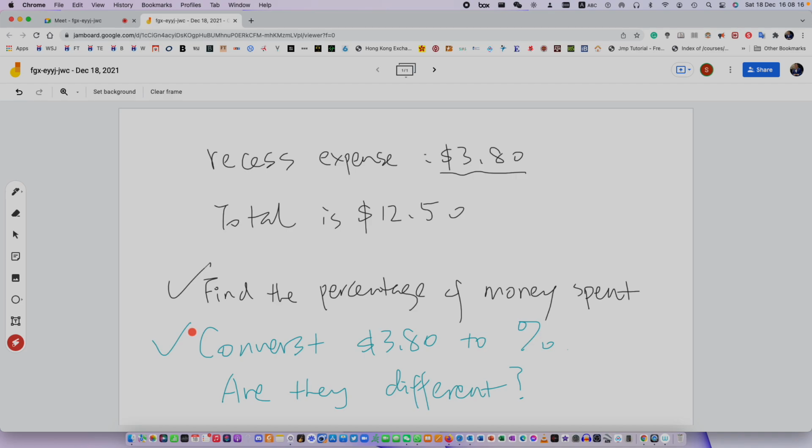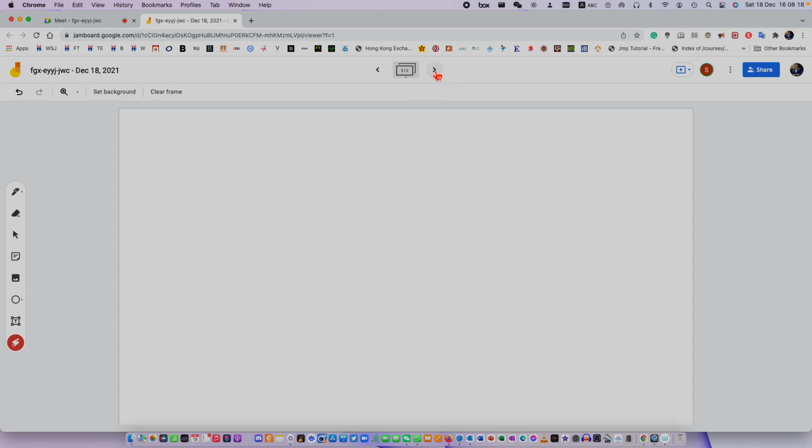So how do you do conversion? You just convert 380 to percentage. So this is conversion. You just have to use 380 times 100%, and then you are supposed to get 380%.